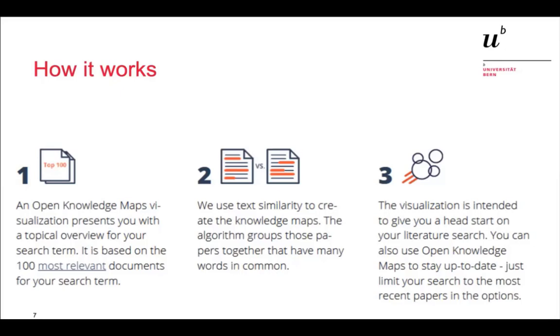And then you have the visualization, and I think it's a very good starting point for your literature search. And you can also stay up to date if you limit your search to the most recent papers. In the facets, you have options to limit the search to the most recent papers.